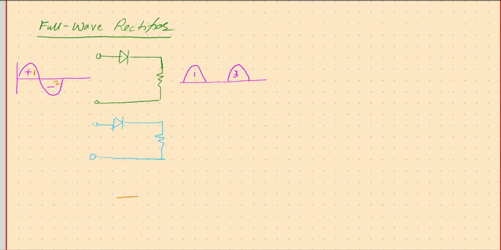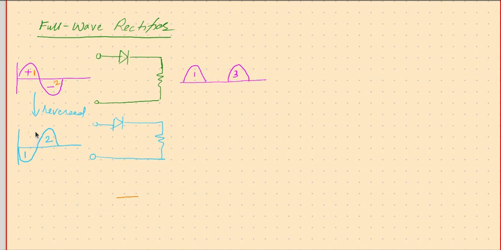The only difference now is this is reversed in the other sense. The first half cycle is negative, whereas the second half cycle is positive.